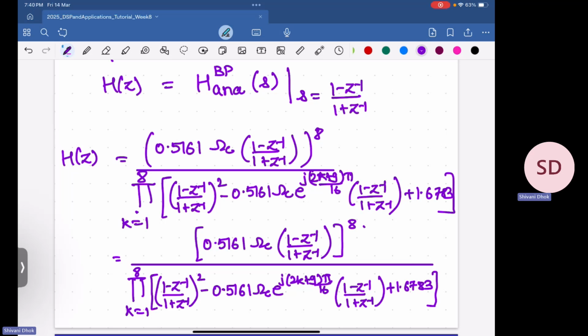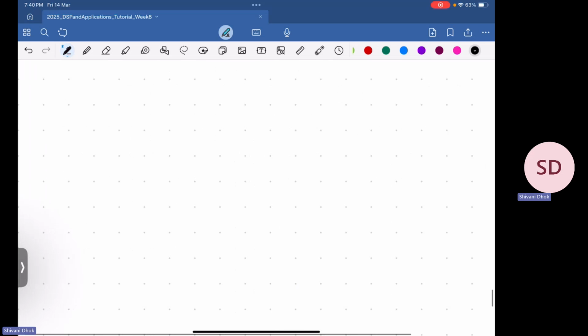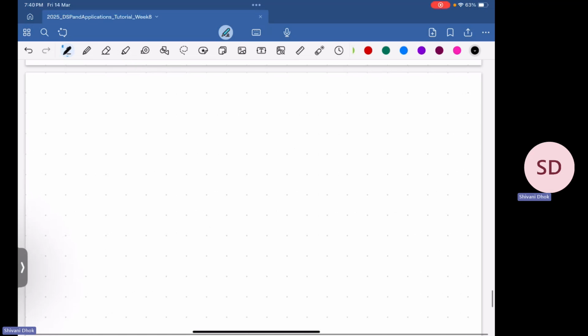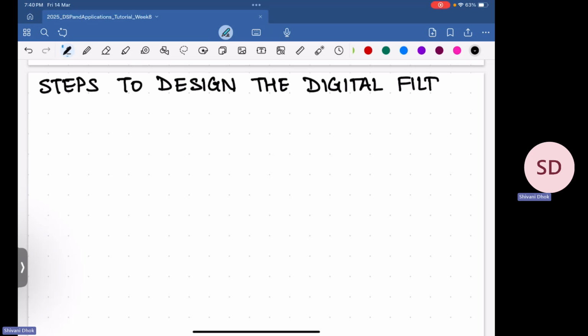Okay, so since we have time, I'll give you a quick guide on how to design a digital Butterworth filter. I'll give you steps, a procedure or a recipe, that will help you understand how to design the digital filter. Any filter for that matter.